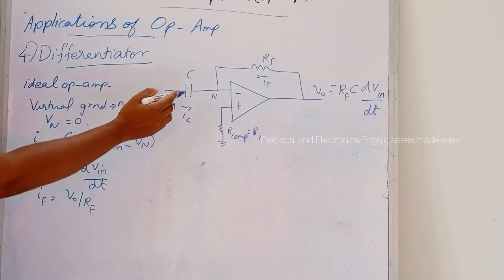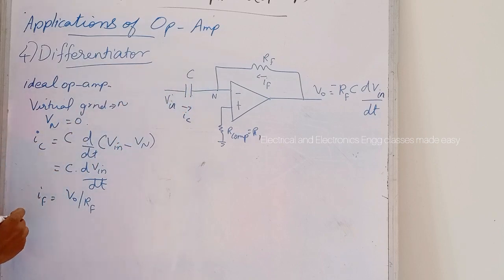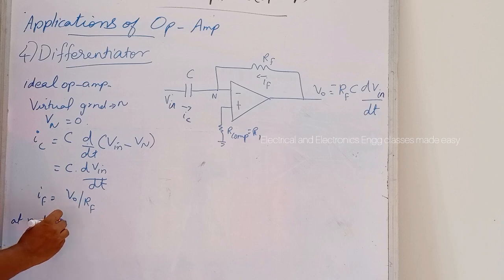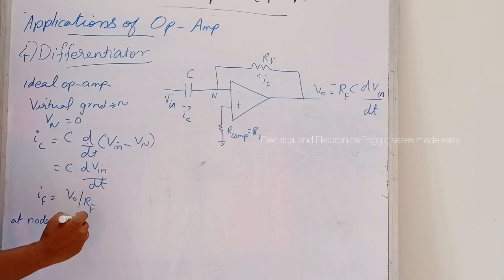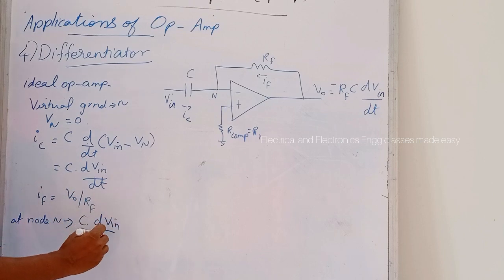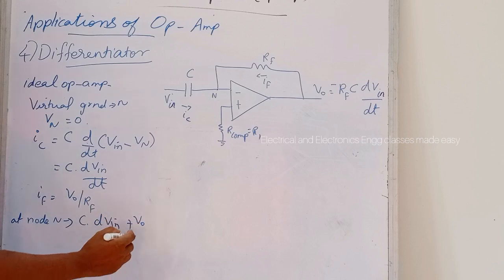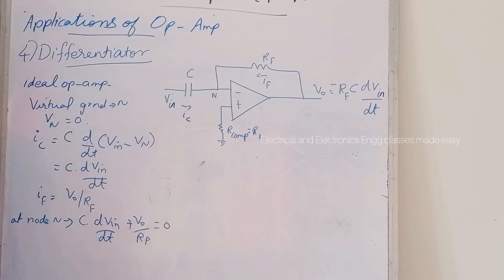Now we can write the nodal equations at node N. So at node N, the nodal equations are C into dVin divided by dt plus V0 divided by RF is equal to 0.